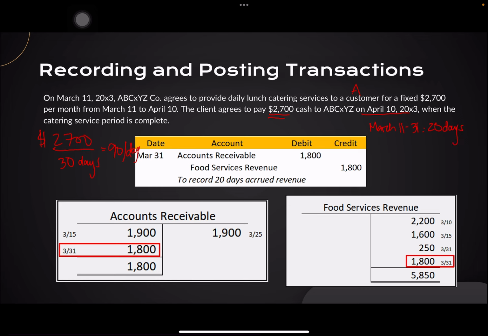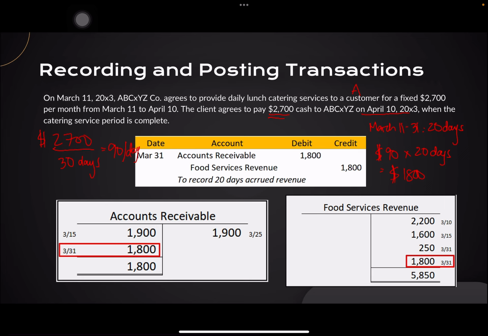We simply multiply the revenue per day, $90, by 20 days. The answer is that we already produced actual revenue amounting to $1,800 for the 20-day period rendered in March.